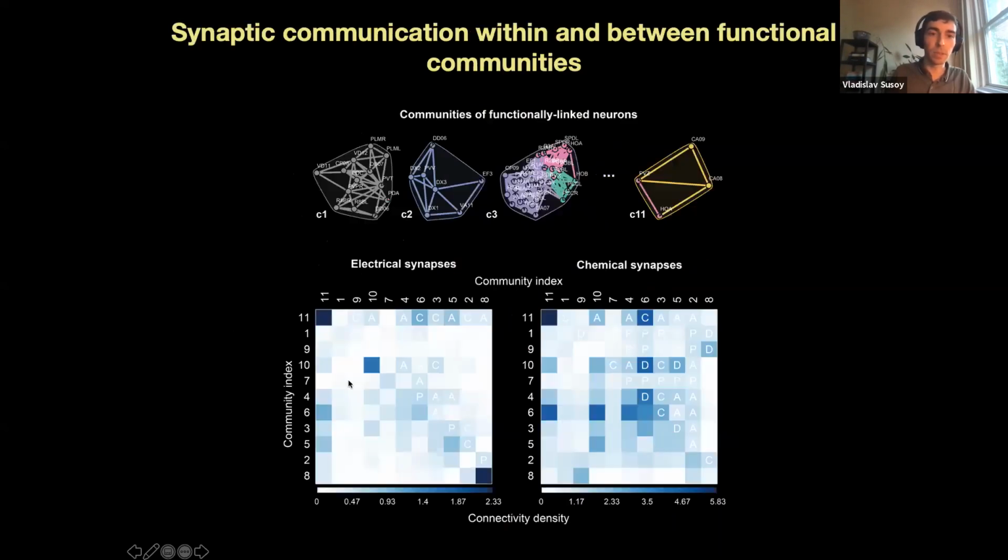If we do this analysis, we can see that for the electrical connectivity, the connections within groups of neurons are more dense than the connections between groups of neurons. Whereas for the chemical synapses, it can be the opposite. You can have very strong synaptic connections between functionally unlinked groups of neurons. And one might argue that these patterns of connectivity might be important for coordinating different behavioral motifs.